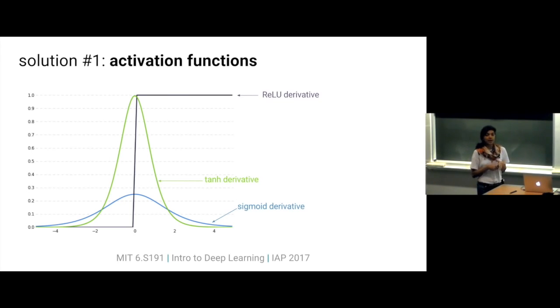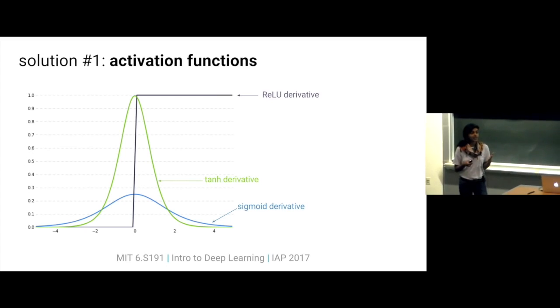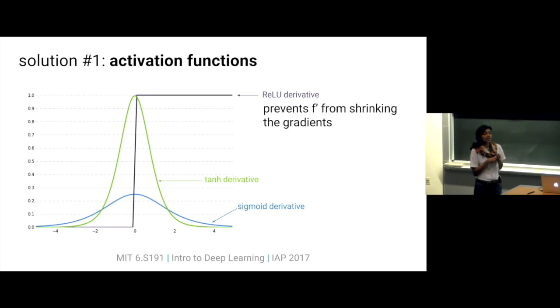Notice that the derivative of inverse tangent and sigmoid are pretty much always less than 1. But the derivative of the ReLU function, for example, is 1 at any point that's positive. So if we chose to use that one, it prevents that f prime term from shrinking the gradients. So that helps us a little bit.